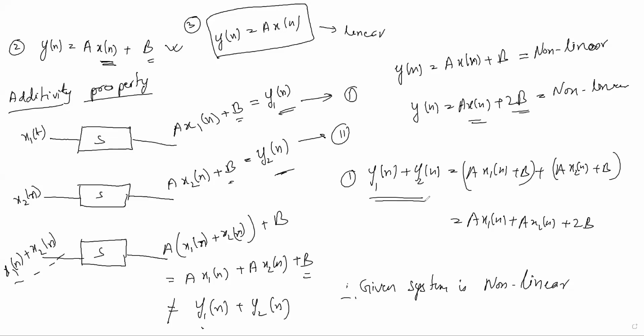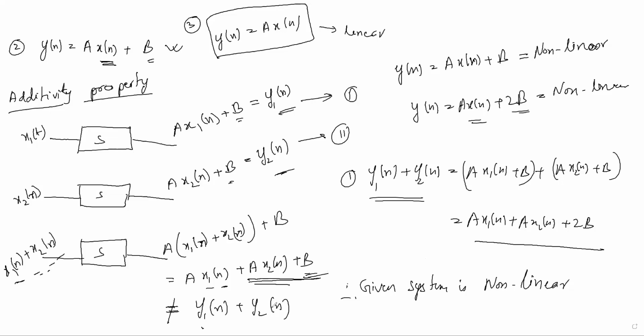But if we feed the addition of the two signals to the system, the output should be y1 of n plus y2 of n. Here, if we suppose this is y2, we cannot say this is y1 because one b is missing. That's why I have written that it is not equal. Because y1 of n plus y2 of n is this thing, but here only one b is there. That's why this is non-linear.